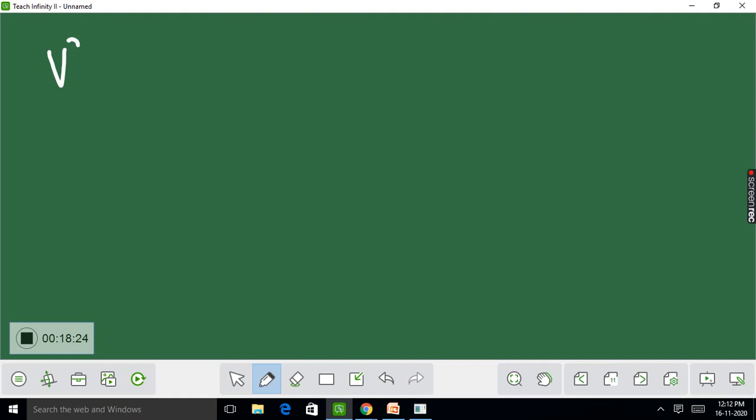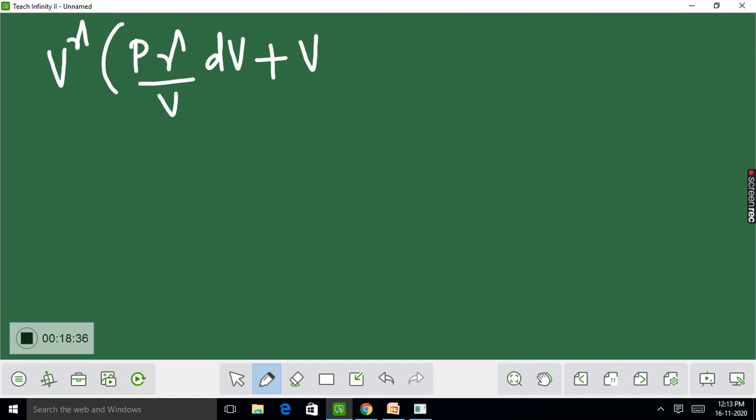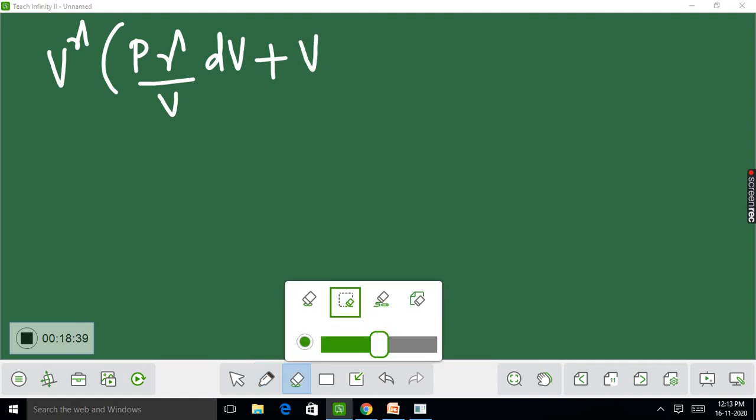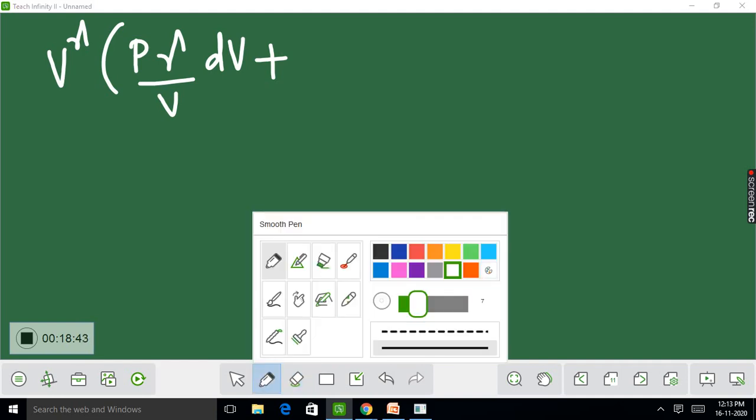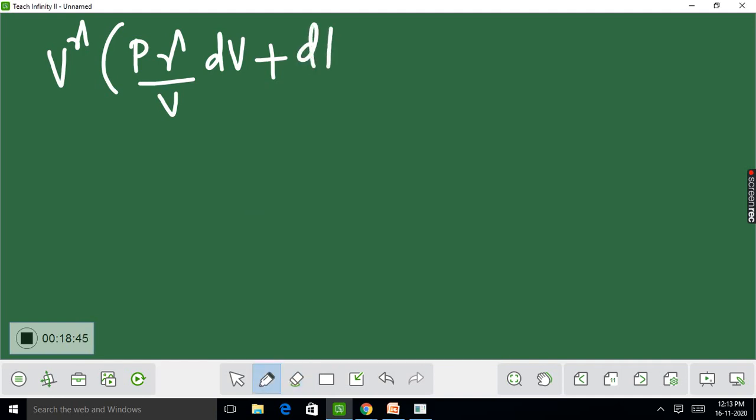We get V raised to gamma into the bracket of P gamma by V dV plus dP equal to 0.